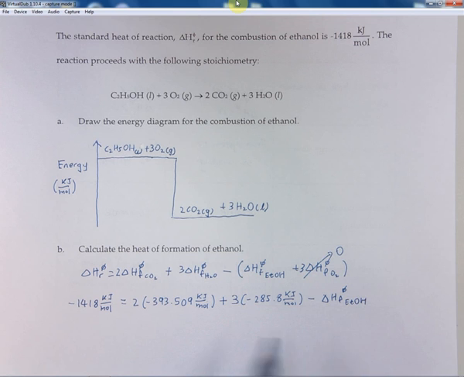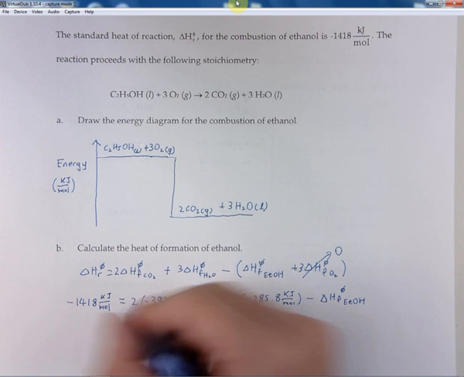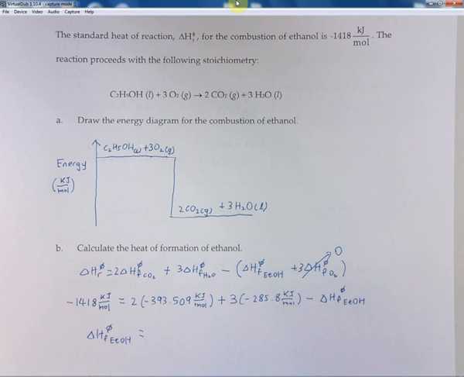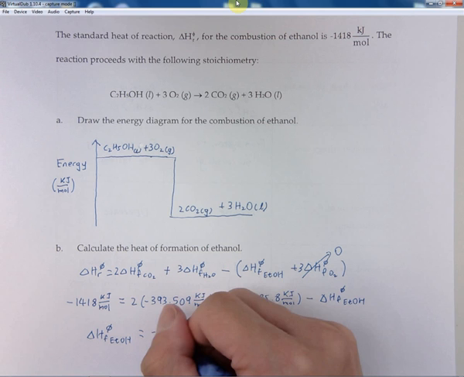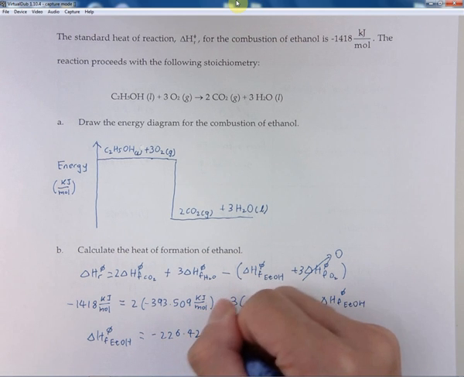You can work out this equation and solve for the heat of formation of ethanol. You should get a value of negative 226.42 kilojoule per mole.